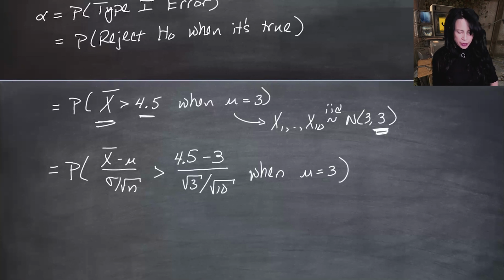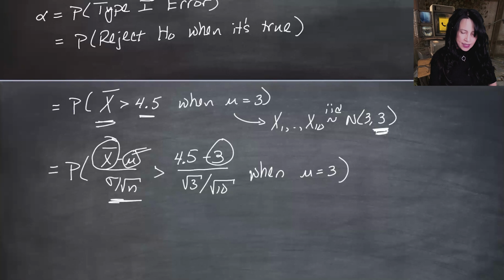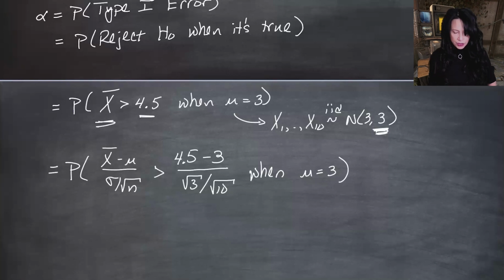We do know we started with a normal distribution, so we know this is normal. And here we kind of standardized it into a standard normal, except we didn't if this mu is not 3. If the true mean is 5 and we subtracted 3, then it is not something that is now centered at 0. It is not a normal(0, 1). So this piece of information allows us to say that this first term here is a standard normal.